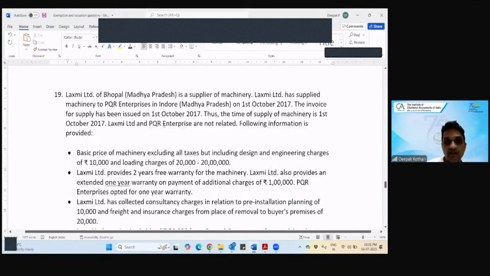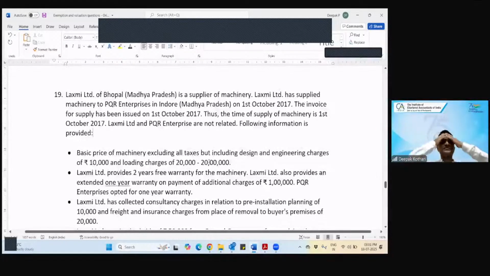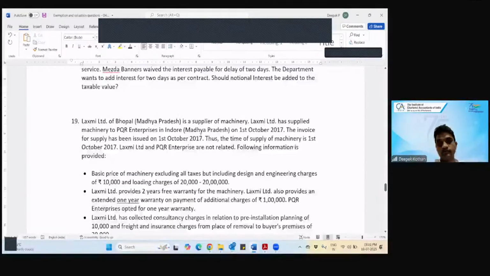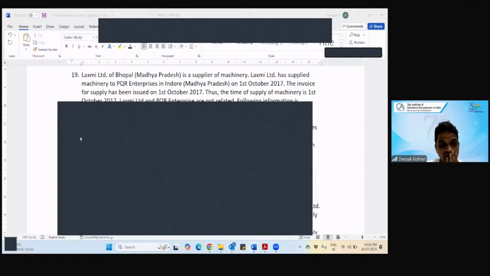So these are the facts which have been given. Now, we have to calculate what is the tax payable. Yes, Somya, question number 18 is over.